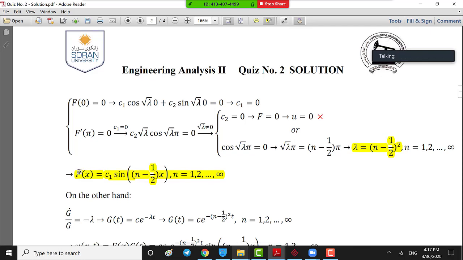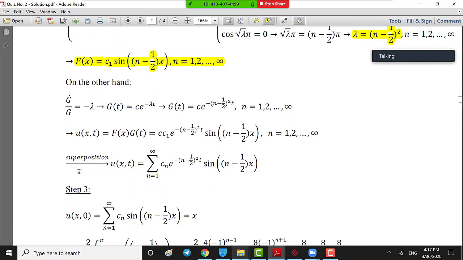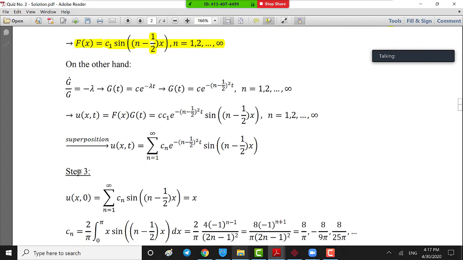Now, on the other hand, what is it that we have to do here? We have to find g, then we have to find u, then we have to use the superposition to find u in the sigma form, and step 2 is going to be over. Then in step 3 we have to use the initial condition to calculate the undetermined constants, right?